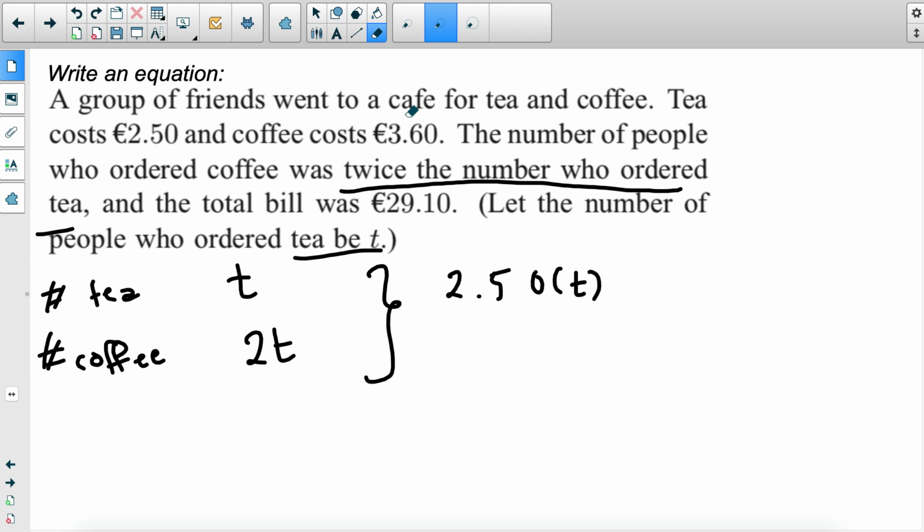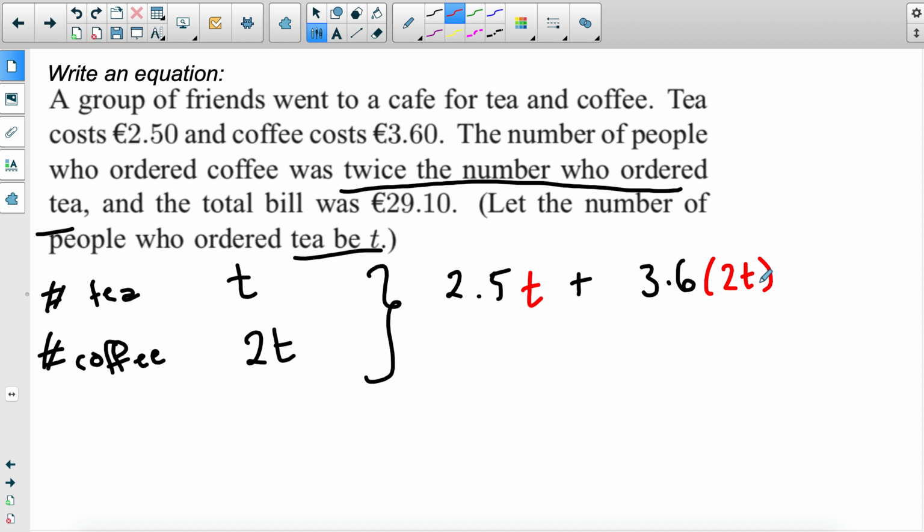Tea. If the zero is slightly confusing, you can just stick with the letters, and then we have €3.60, and this time it's 2T, and they should all equal 29.10 euros.